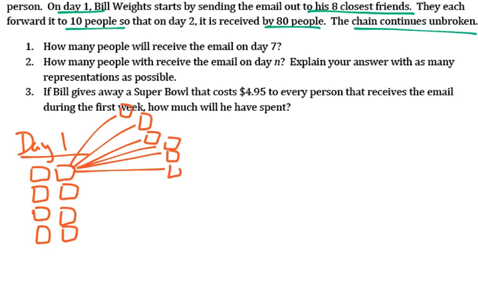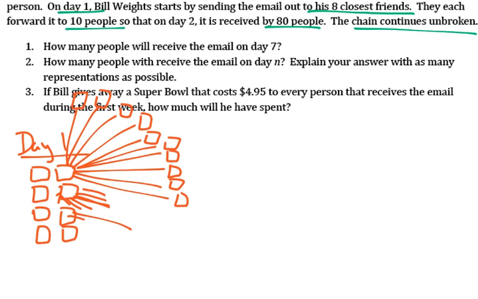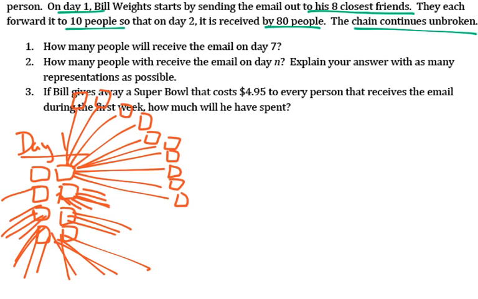Because that's only 6, 7, 8, 9, 10. Okay, so we have to do that for every single one of these. 1, 2, 3, 4, 5, 6, 7, 8, 9, 10. So for every single one of these, we're sending it out to 10 people. Okay, which got us 80 on that second day.